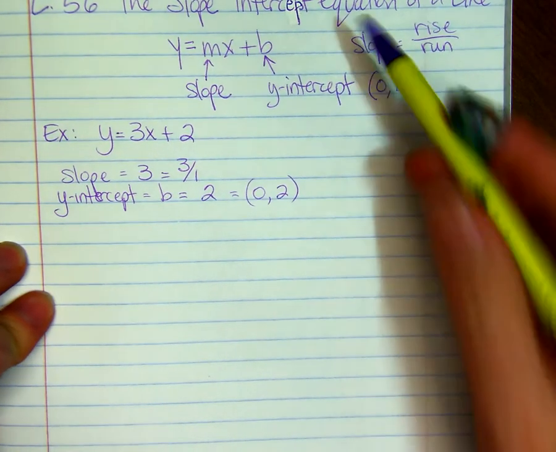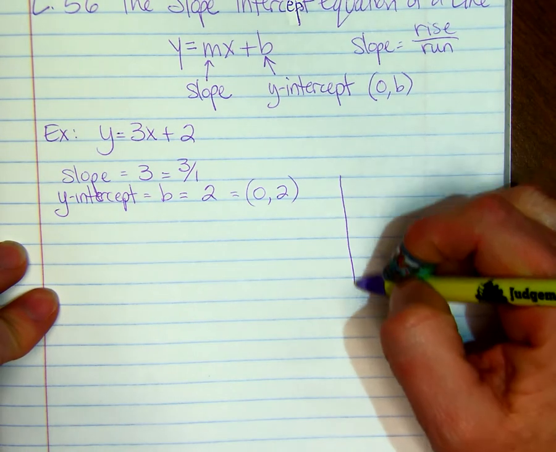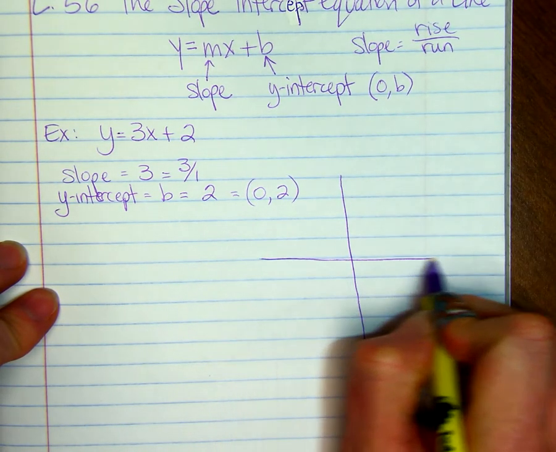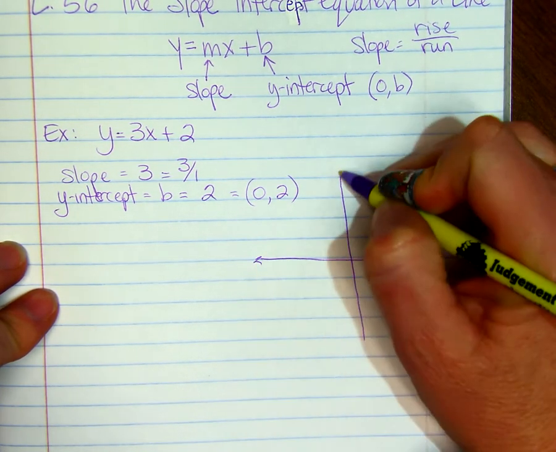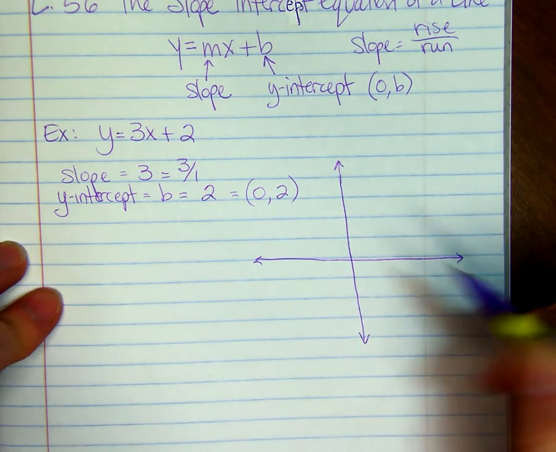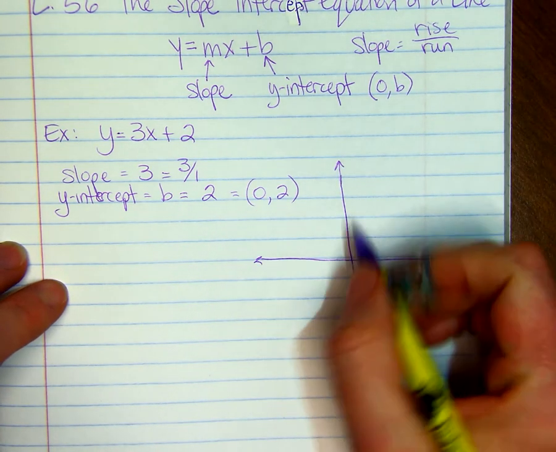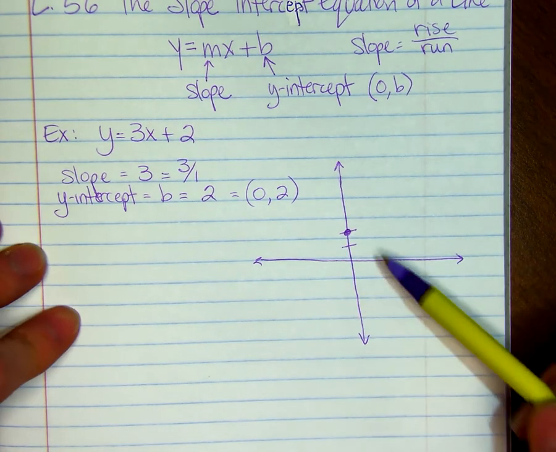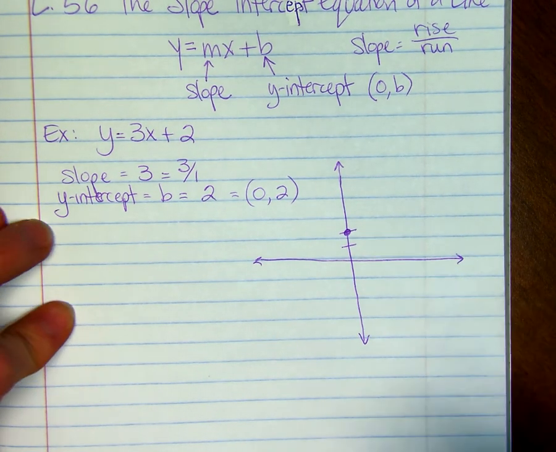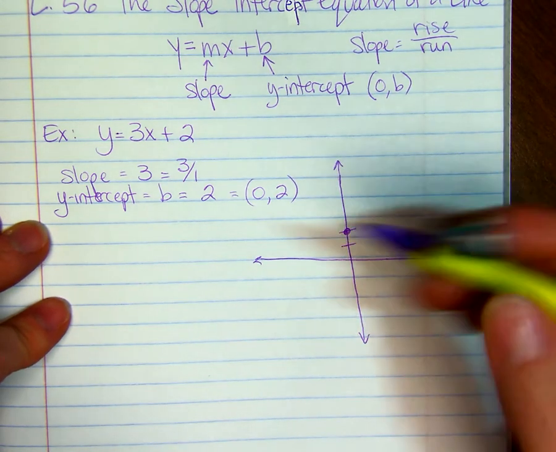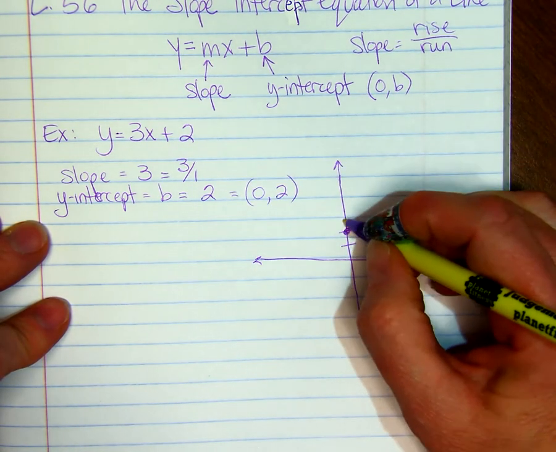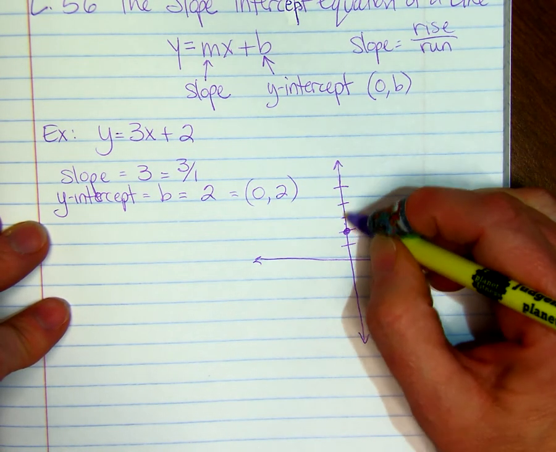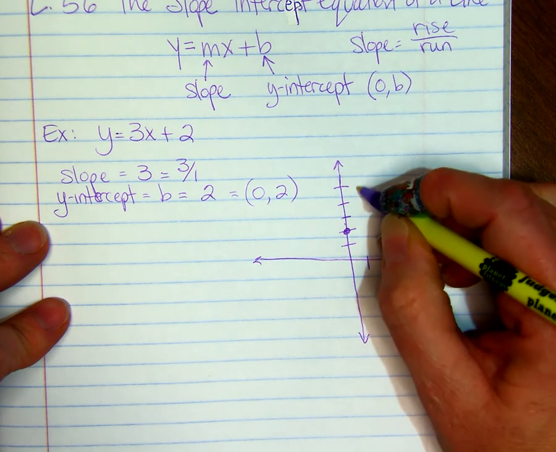So we're going to graph the equation using the y-intercept and the slope. If we put in the y-intercept, so we go to 0 and up 2, that's a point on the line. And if you remember, the slope is how you get from one point to another point. So we're going to go up 3 for our rise, and then we're going to run to the right 1.